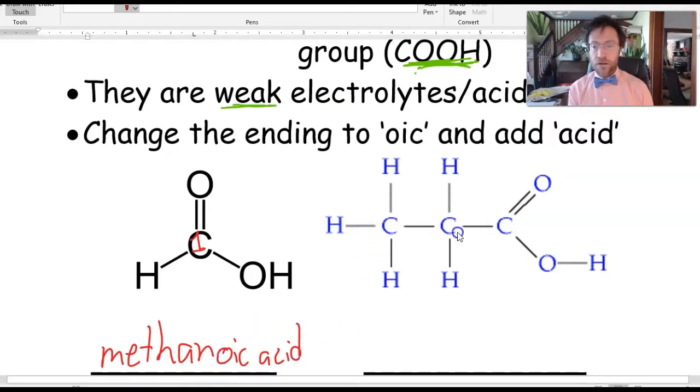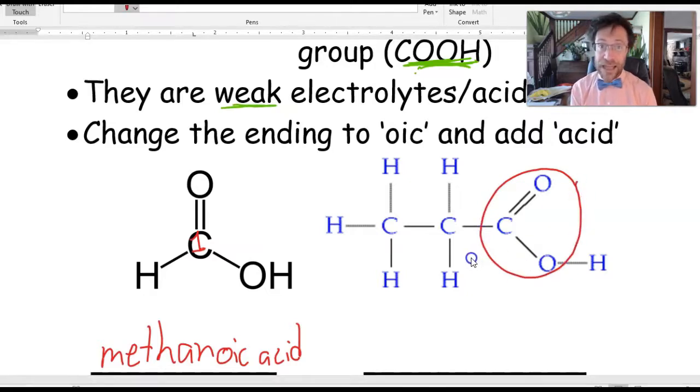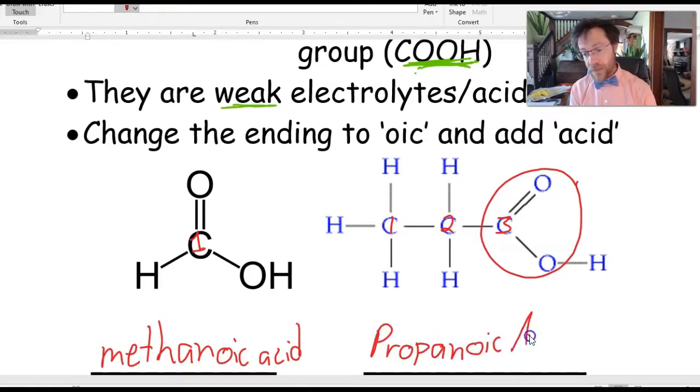This one, 1, 2, oh, okay, first thing we should do is circle and identify our functional group. Definitely an organic acid, because we got the double bonded oxygen and the hydroxyl group. So then we just count up our carbons: meth, eth, prop, oic acid.